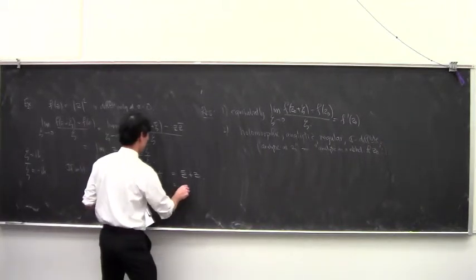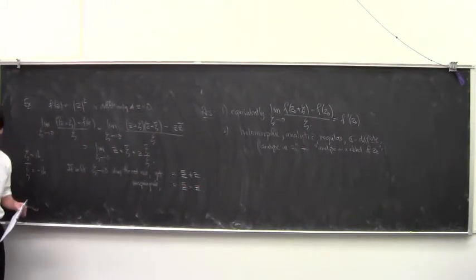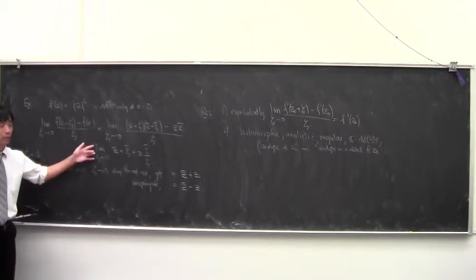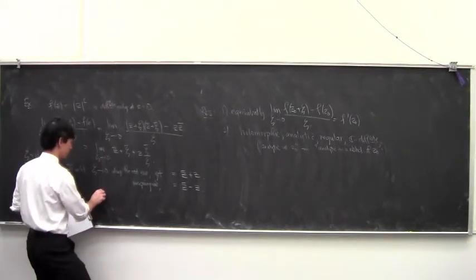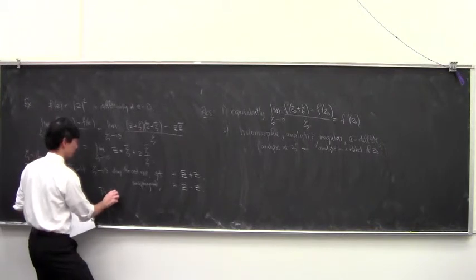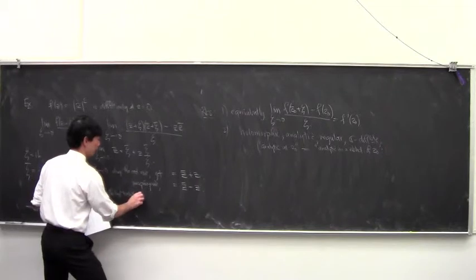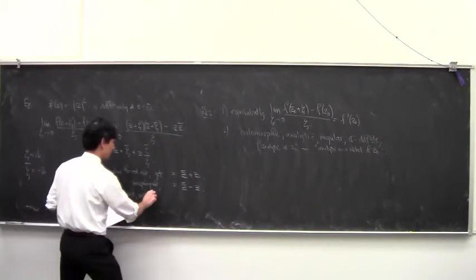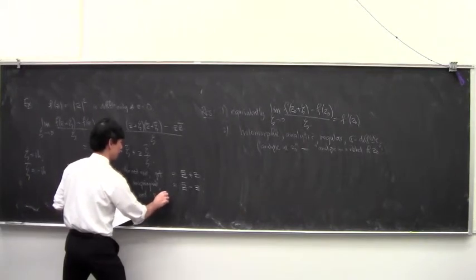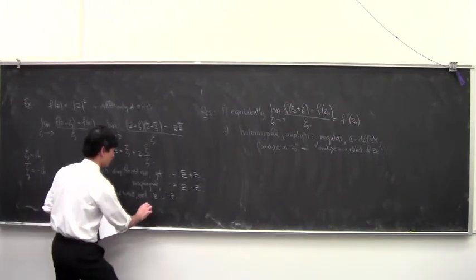So you get z bar minus z. For this limit to exist, those two things have to be equal. It's got to be the same thing no matter along what line you approach it. So you need z to be equal to negative z, but that tells you that z must be 0.